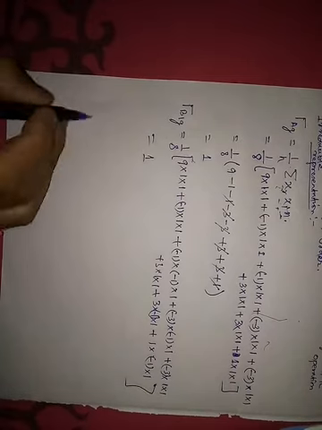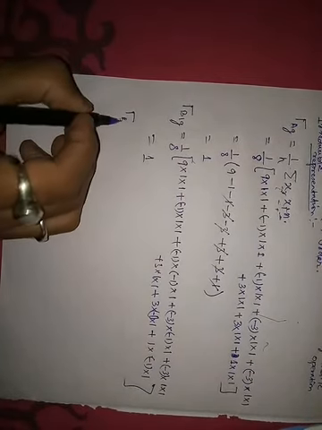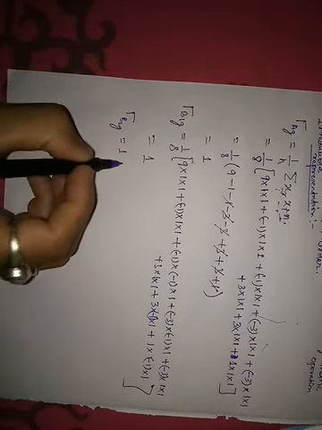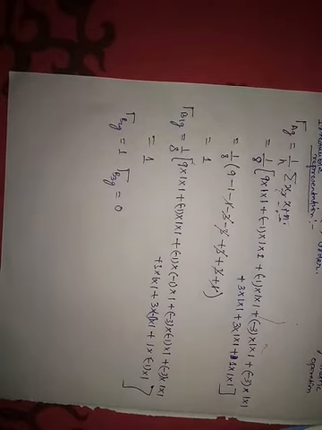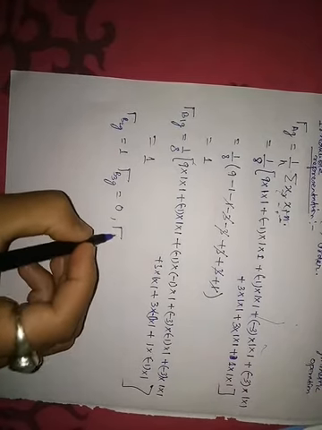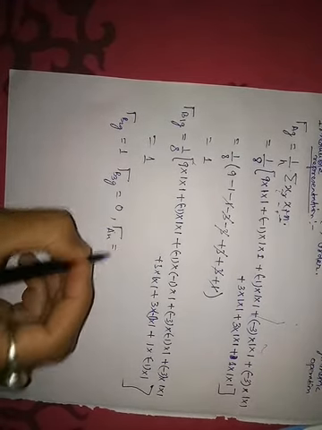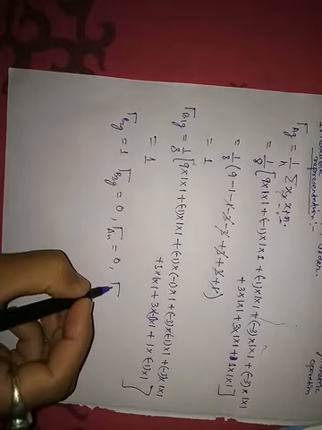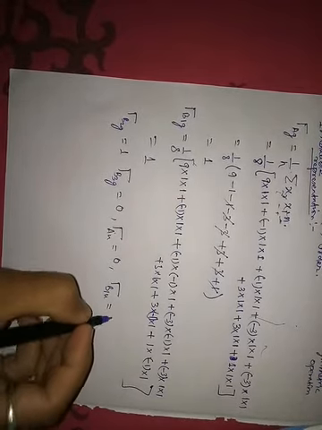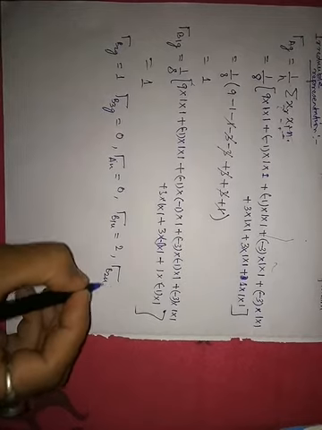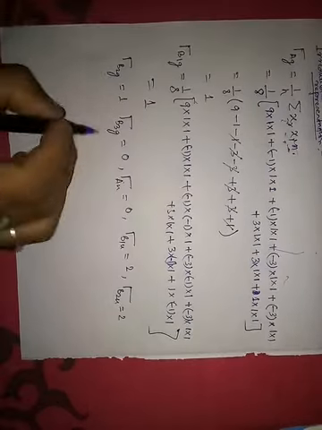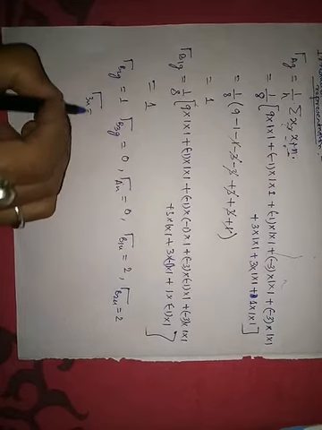Here you can see that for b2g we have 1, for b3g it is 0, for au you will get 0, for b1u you will get 2, for b2u you will get 2, and for b3u you will get 2.